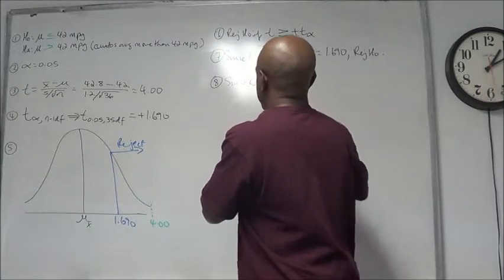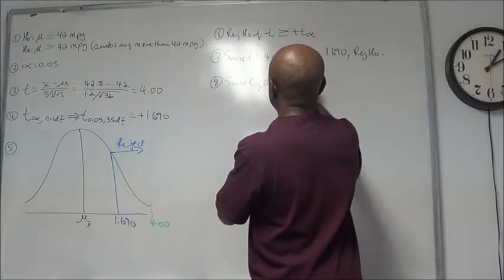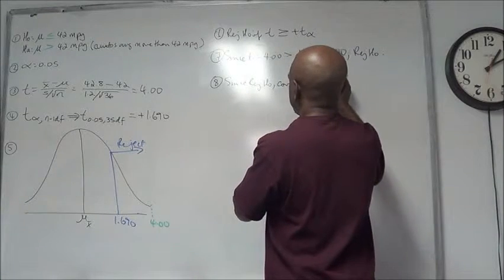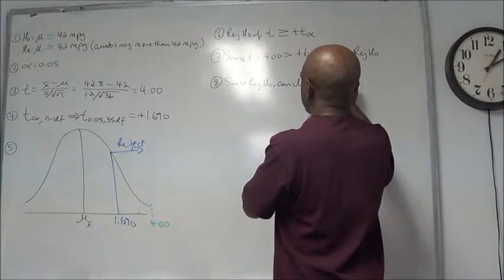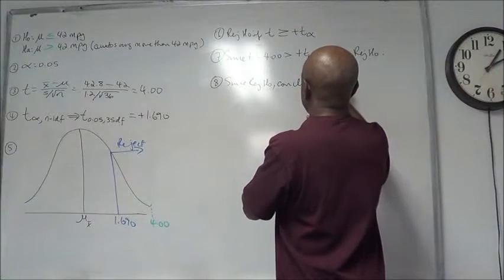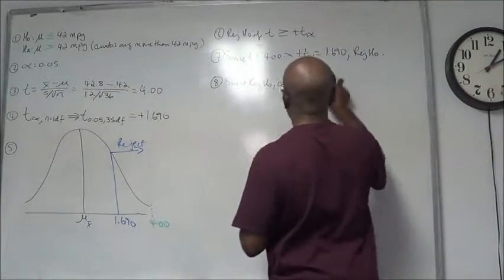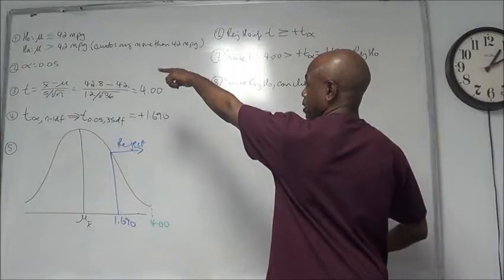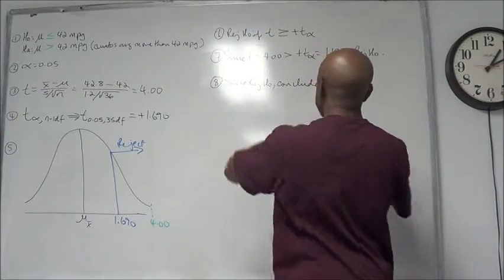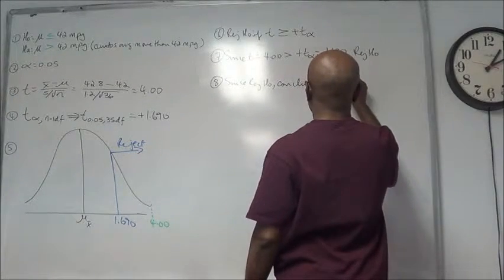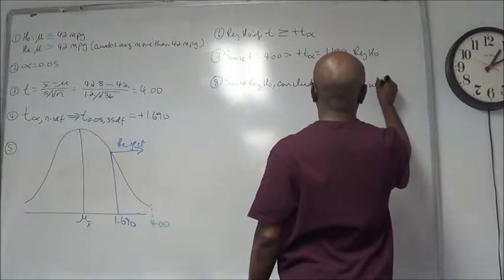We can conclude that the new automobiles will average more than 42 miles per gallon.